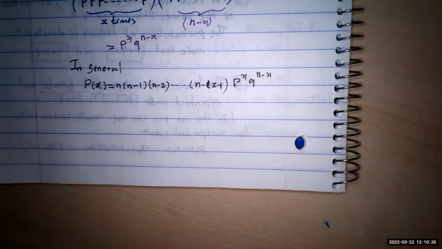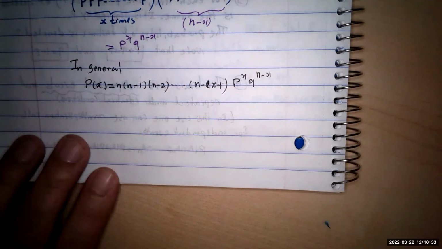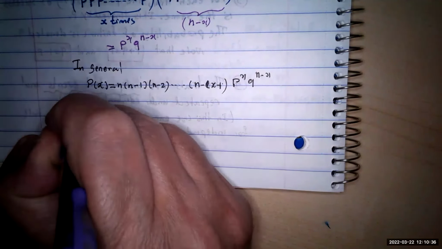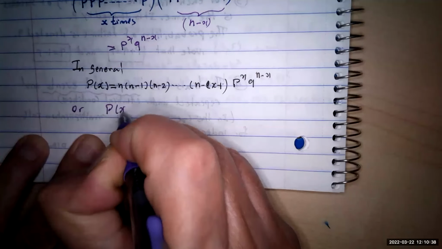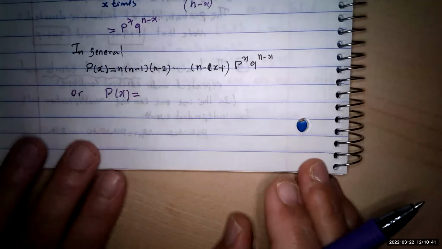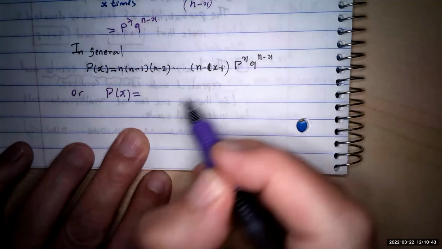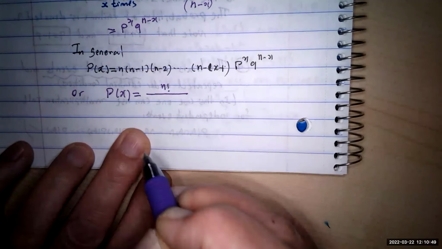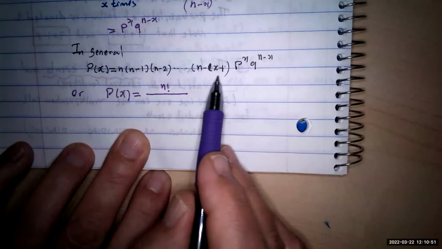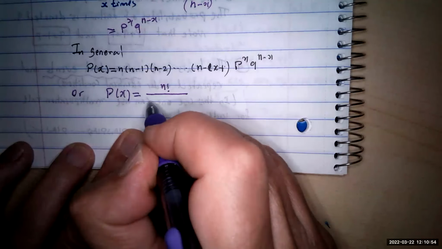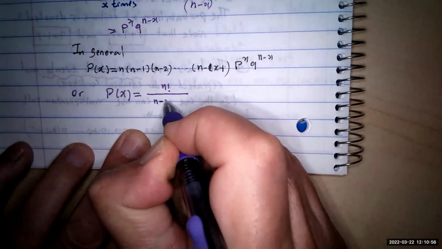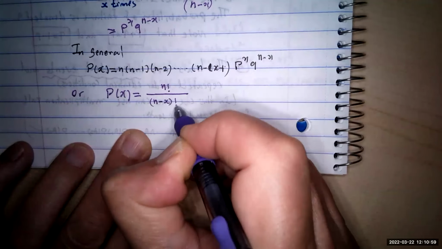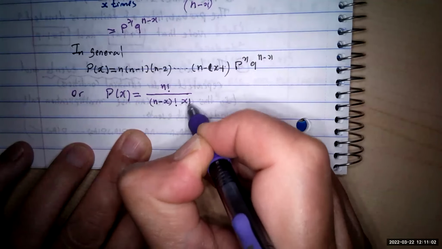This formula can be written in terms of factorials so that you can use your calculator. If you do a little bit of algebra, this is the way you are going to see it. Don't worry about it, you are going to have a table to evaluate it. It's going to be N factorial on the top, because some numbers are missing to get it to N factorial, divided by N minus X factorial times X factorial. Make sure you write this one correctly.